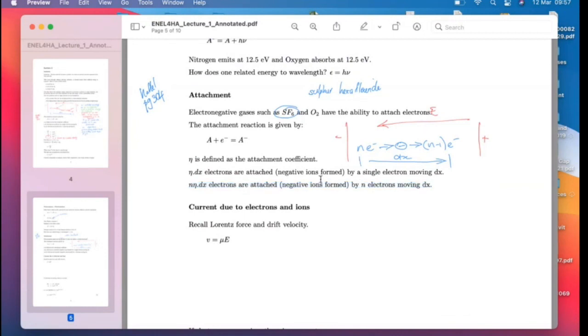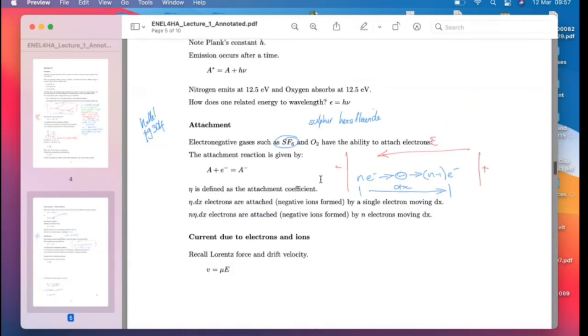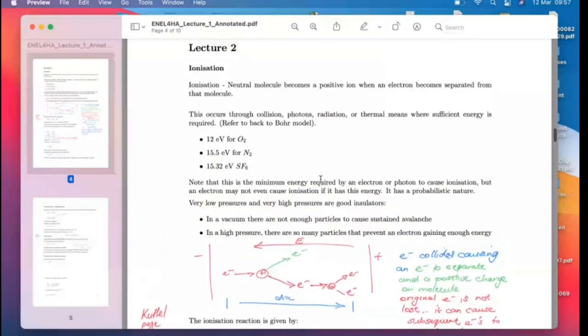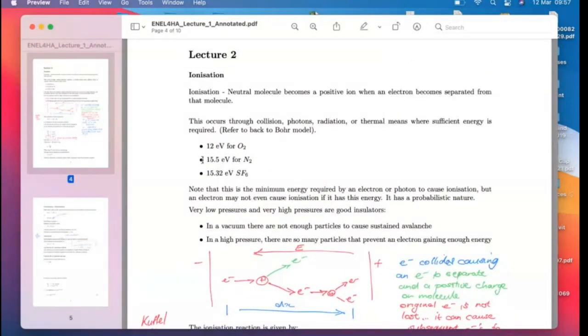Right, so we've looked at two processes that are important, ionization and attachment. I'm going to go back a little bit. I spoke about these two values here. So the minimum energy to cause ionization is 15.5 electron volts for N2 and 15.32 electron volts for SF6.